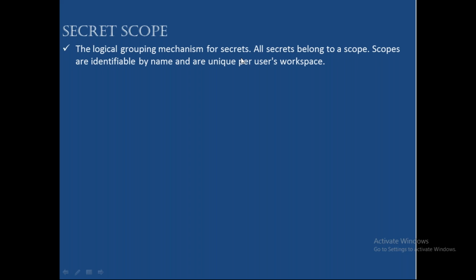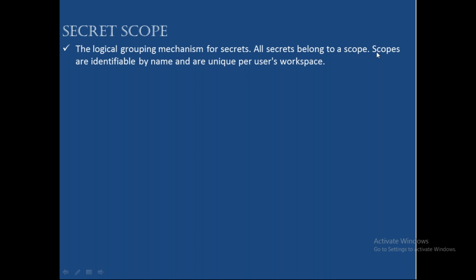Once you create one scope, you can access all the secrets. You can call it a scope or a secret scope. Once you create the secret scope, it's a connection to the Key Vault. This connection will allow you to access a group of secrets. All the secrets which you have in the Key Vault, you can access. All secrets belong to the scope.